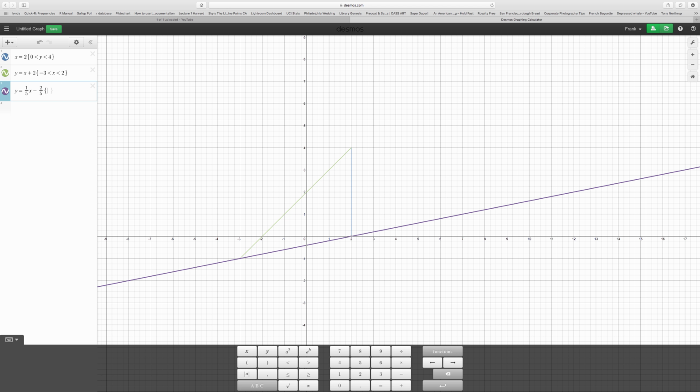And that's going to be x, less than, right? Okay. Negative 3 less than x less than 2. Close it, and there it is. That is pretty amazing, and it does work.